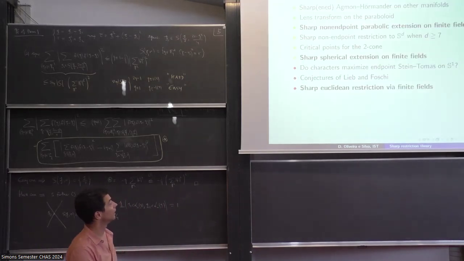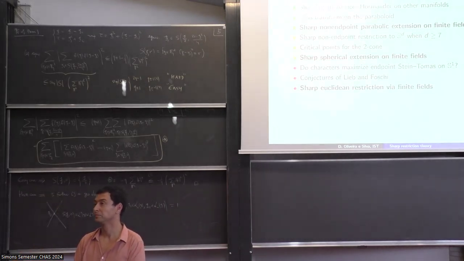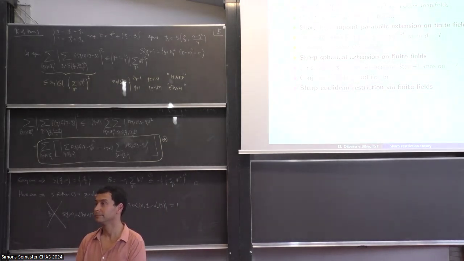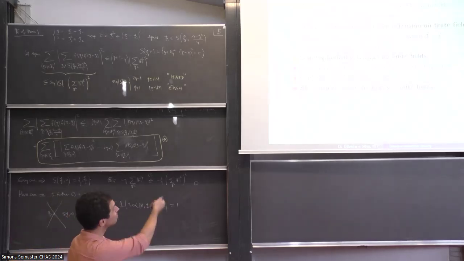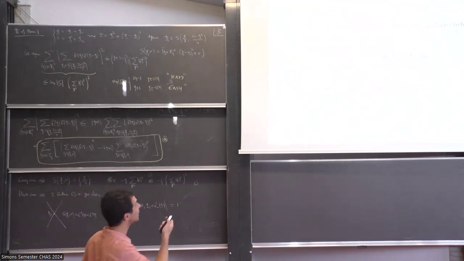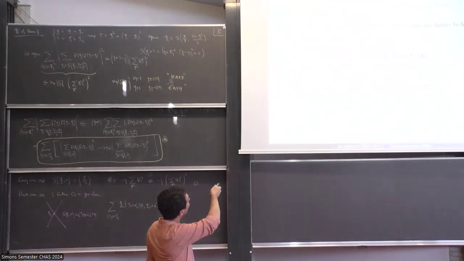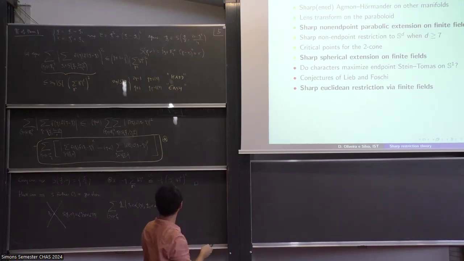Another one? Yes. You did the problem with the saddle, what about the sphere? Great, thanks. This was the question I was hoping for, because I forgot to tell you about the problems for the data. The problems I suggest are, first of all, non-endpoint parabolic extension.